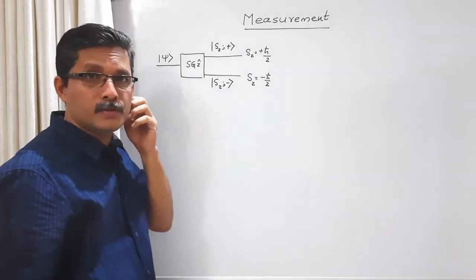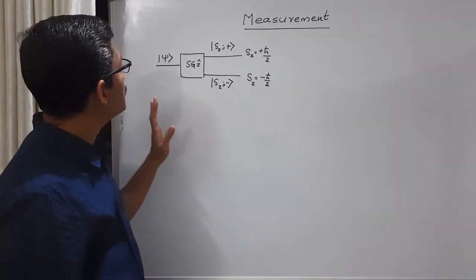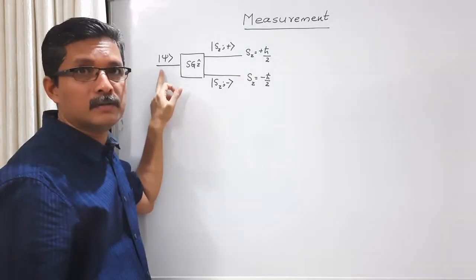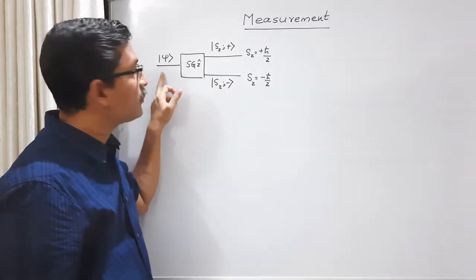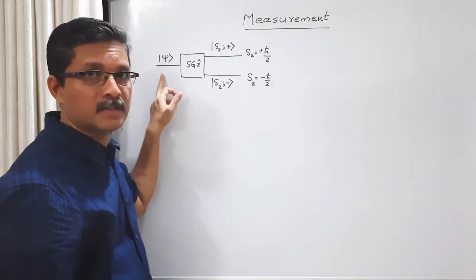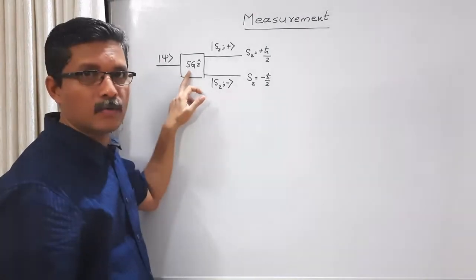So what do we deduce from this experiment? One thing is that when the initial state of the system is a general state for the physical quantity being measured. What is the physical quantity being measured here? Sz, the z component of the spin.